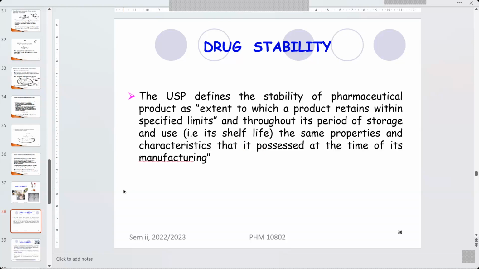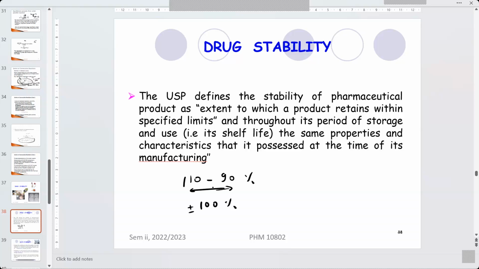So what does it mean? We have limits. So it retains within specified limits. For example, when I talk about the drug assay, I say, for example, that the assay should be between 90 to 100%. Okay? So once I produce it, it is 100% plus or minus.